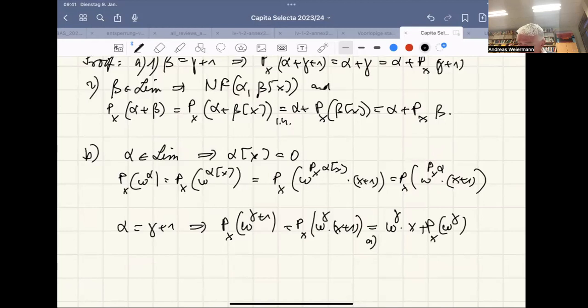Now this again, what is this? Oh, I think I make a bit of overkill here. Let's just look here. So this is Px of omega to the Px of gamma plus 1 times x plus 1.